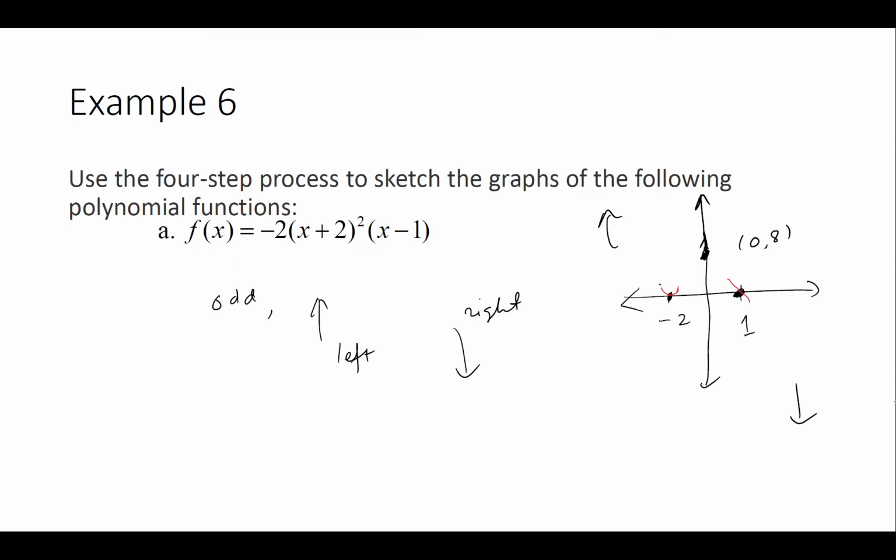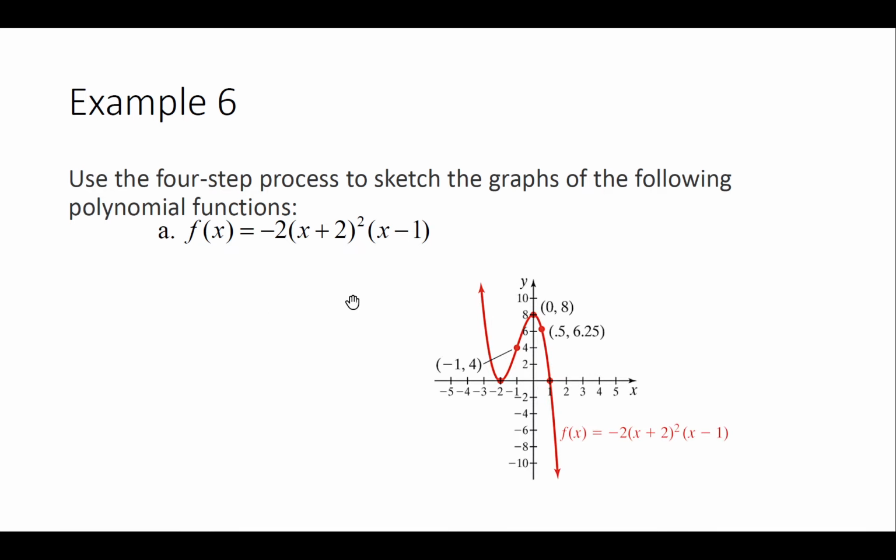So I already know that this is how the graph is going to behave at these zeros. By using all this information, if I just try to plot them freehand, this is a tentative graph of that polynomial function. So that's why I have this tentative graph here. To plot this tentative graph, I also use these testing values.